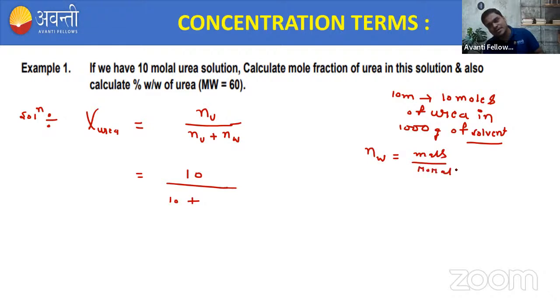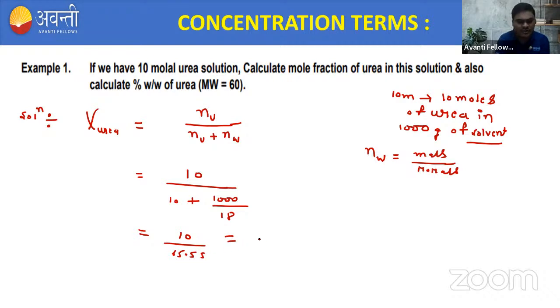Here the mass is the 1000 gram of solvent we are using, and the solvent is water. And what is the molar mass of water? That is 18. So this is 1000 upon 18, which is 55.5. So the mole fraction is 10 upon 10 plus 55.5, that comes out to be 65.5.